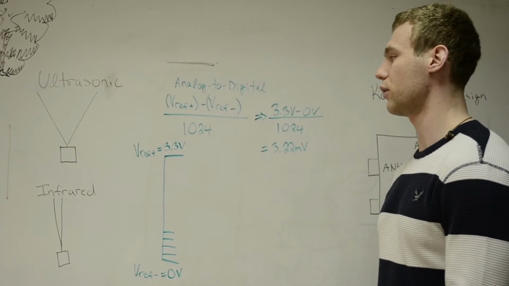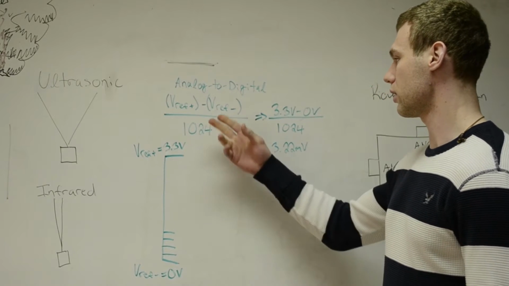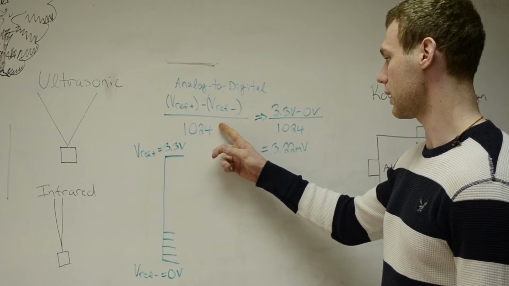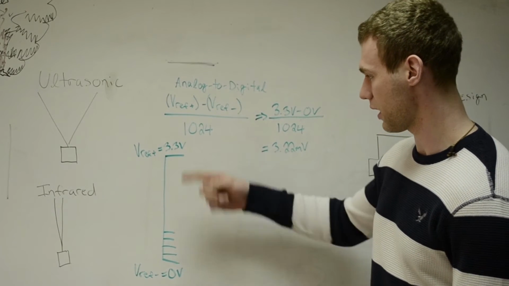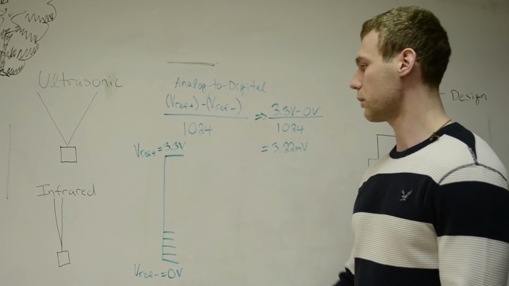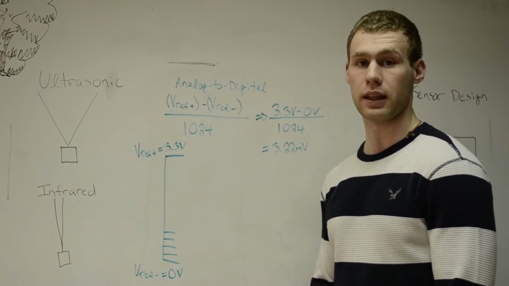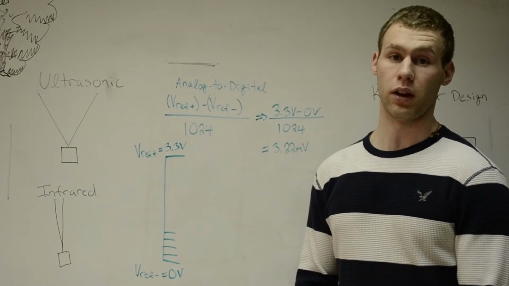Basically, we have a high voltage reference value and a low one, and that's all over 1024. It's 1024 because each one of these is a tick, so 1 through 1024. We use 3.3 volts as the high voltage reference because that is what the PIC is sending out, and we use 0 volts as the low.